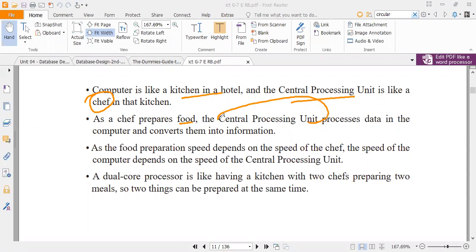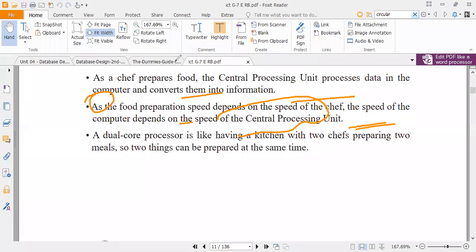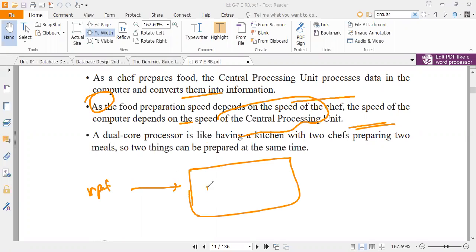So the central processing unit processes the data in the computer and converts it into information. In the very basic activity of a computer system, it simply accepts the input, does some processing, and gives output.